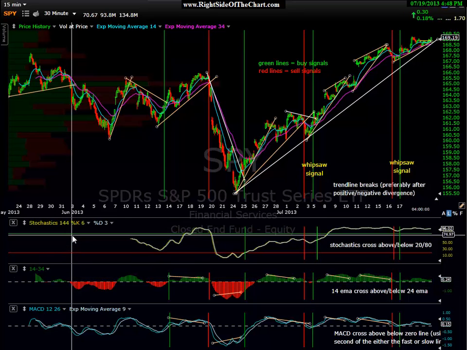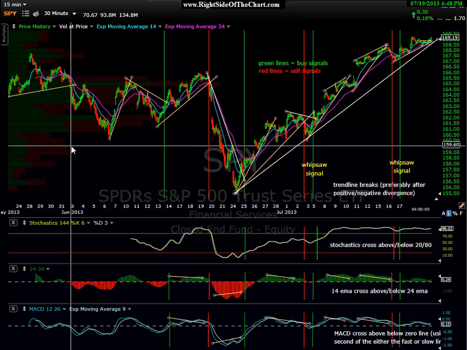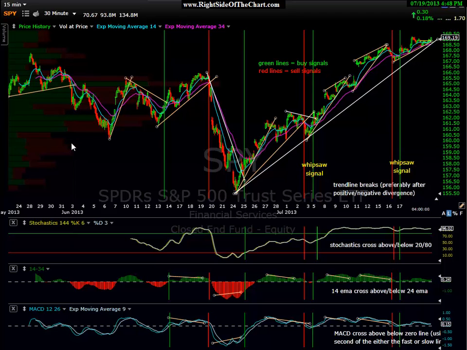The stochastic hadn't populated yet because it needs a few extra periods before those numbers begin to start populating on the chart. But we had at least 3 out of the 4 sell signals given. And in fact, the stochastics is the one I put the least weighting into. I put much more weighting into the MACD and the moving average pair. So this was a sell signal that would have put you in here and caught this move down.